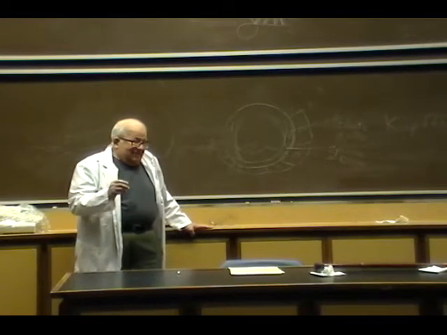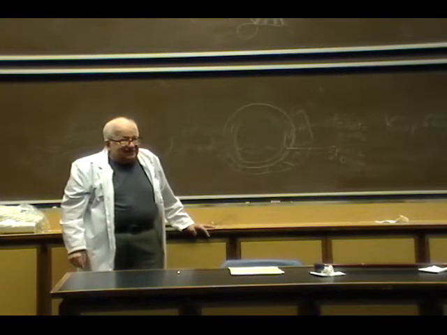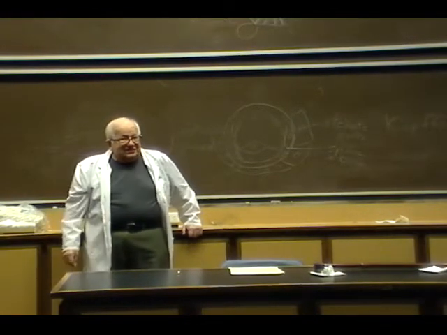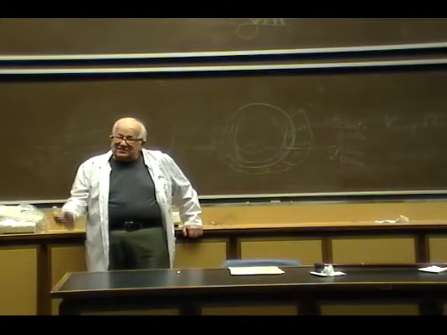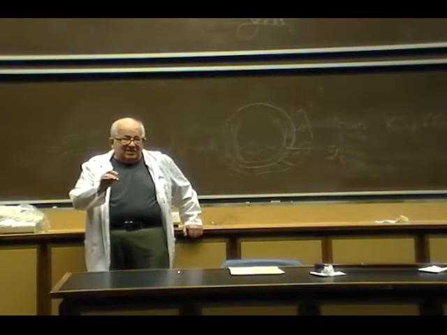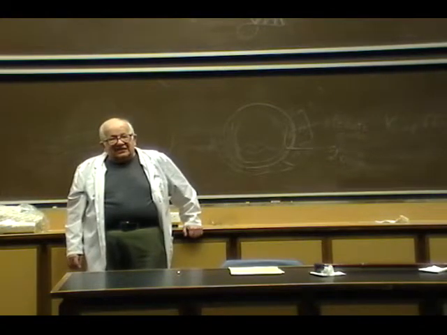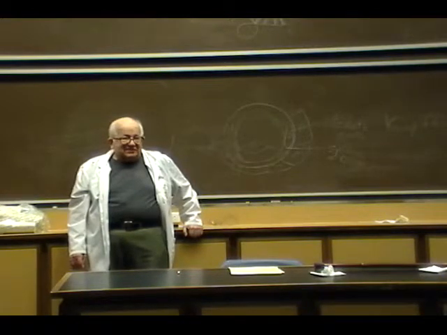Okay. Before we leave the sinusoid, I have to mention there's another cell type that is occasionally found in the space of Disse. These are cells which I don't want to get into in any great detail, but you've probably heard about them from Dr. Weinberg. These are a kind of lymphocyte that are known as natural killer cells.